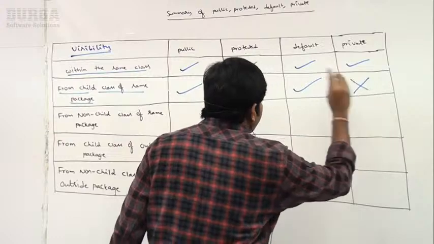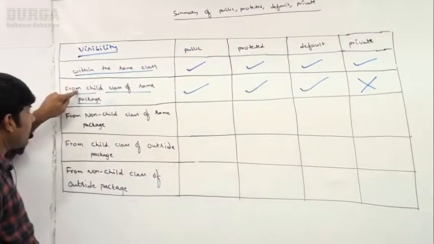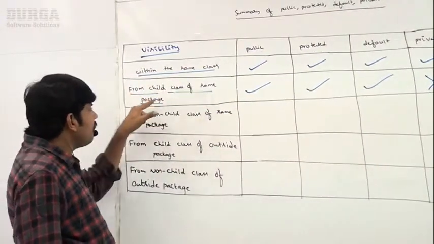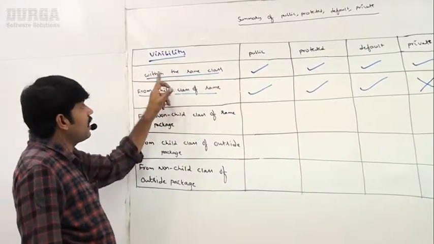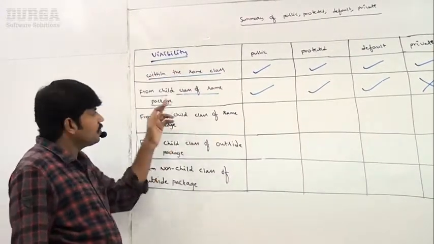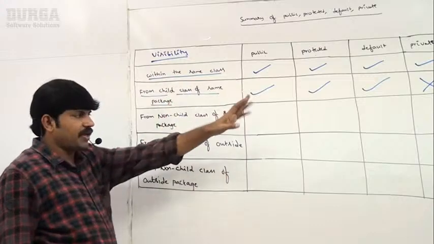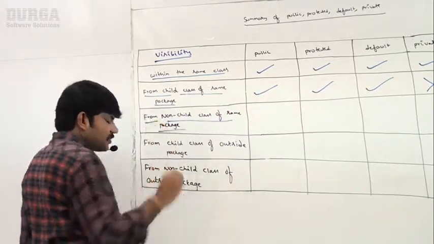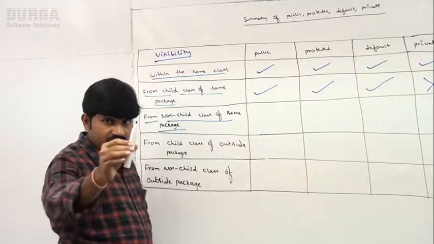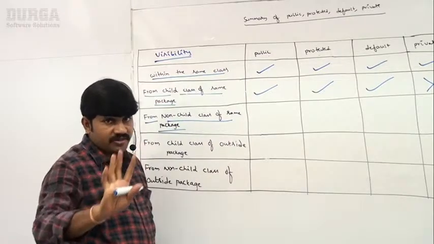Have you observed what it is telling? From a child class of the same package, not in the same class, so from outside of the class, private is not visible. Next, from a non-child class of the same package. You are in the same package only, but it's not a child class.